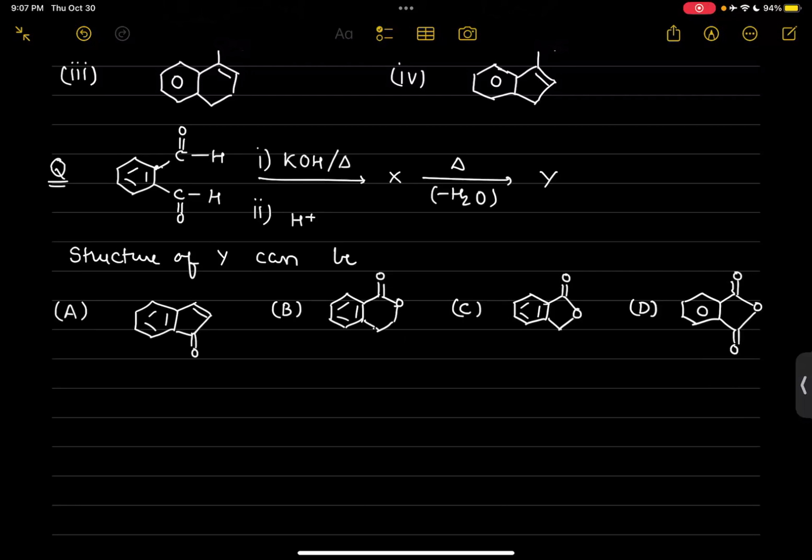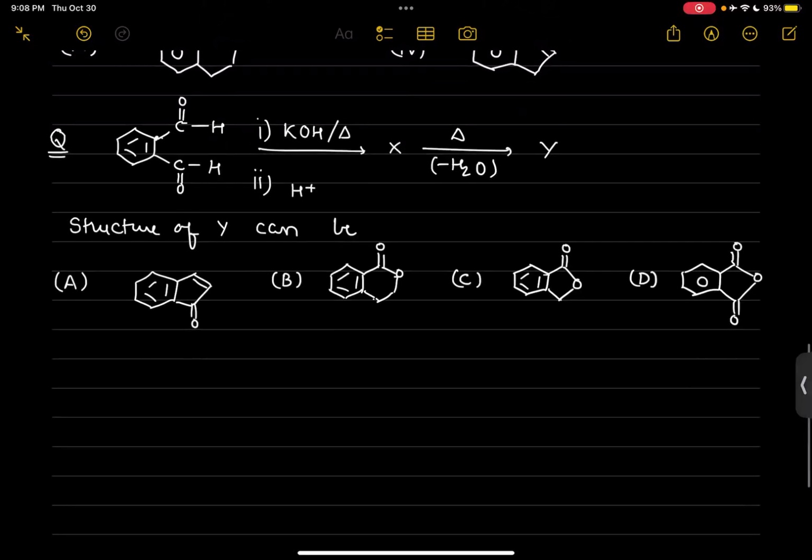I hope everybody can see the question. Yes, sir. So base and heat can lead to aldol or Cannizzaro. This is a very famous reaction, not only involving aldehydes and ketones, but carboxylic acids and their derivatives.